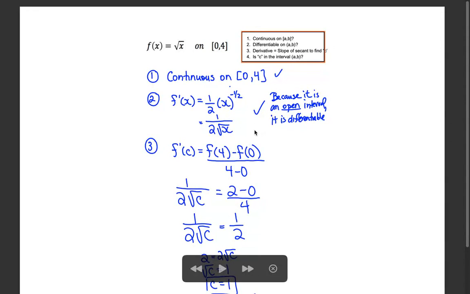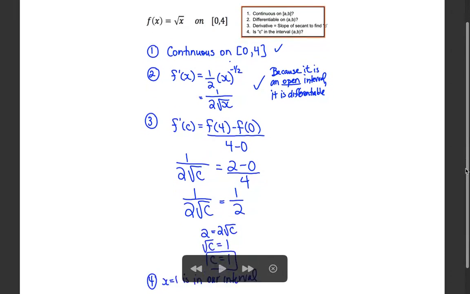So I am going to plug my value of c into my derivative. So I'm going to have 1 over 2 square root c. I've plugged that in here for my f prime at c. And I'm going to calculate the slope of the secant. So I have f at 4 minus f at 0 over 4 minus 0.